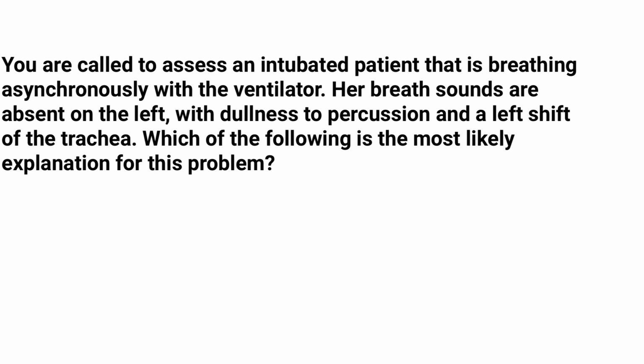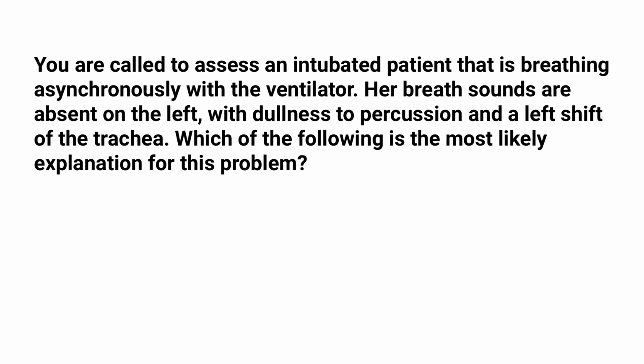You are called to assess an intubated patient that is breathing asynchronously with the ventilator. Her breath sounds are absent on the left side, with dullness to percussion and a left shift of the trachea. Which of the following is the most likely explanation for this problem?